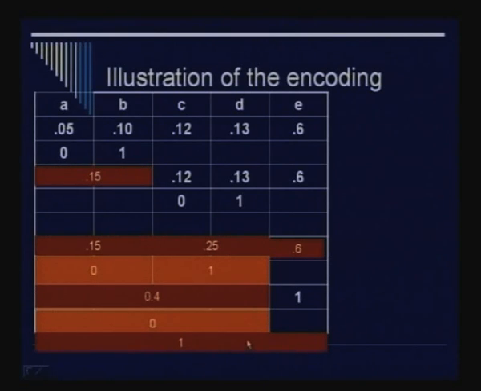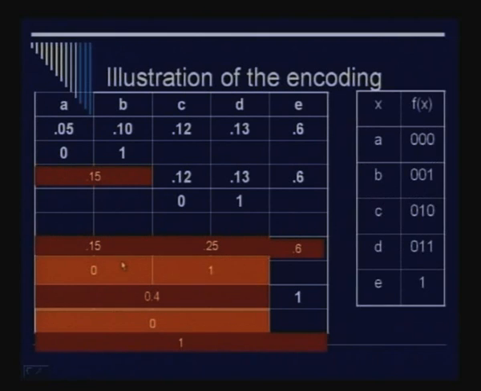Okay. So now if I would like to construct the encoding of A, I will start doing it from the back. Okay. So the encoding of A will be 0 followed by 0 followed by 0. Similarly, you can obtain the encodings of the others as well. Okay. So this is how the encoding works.